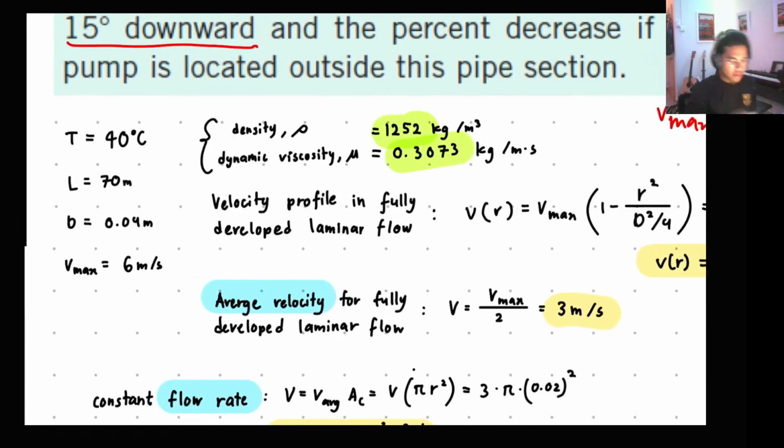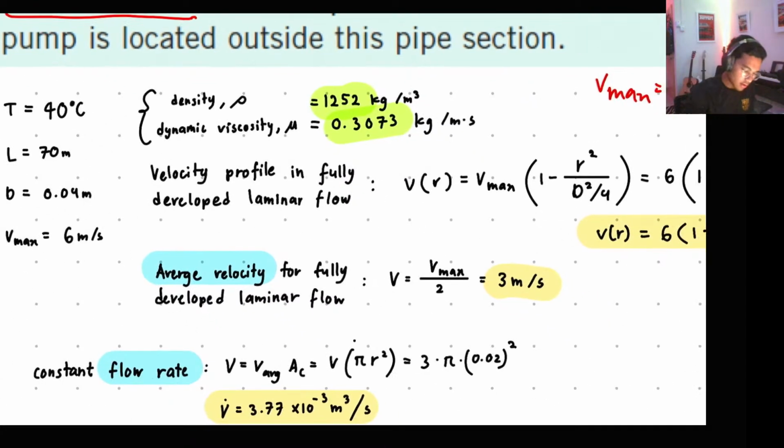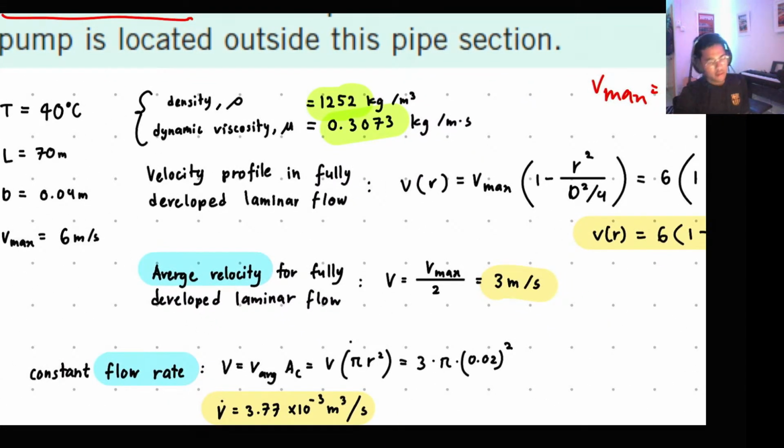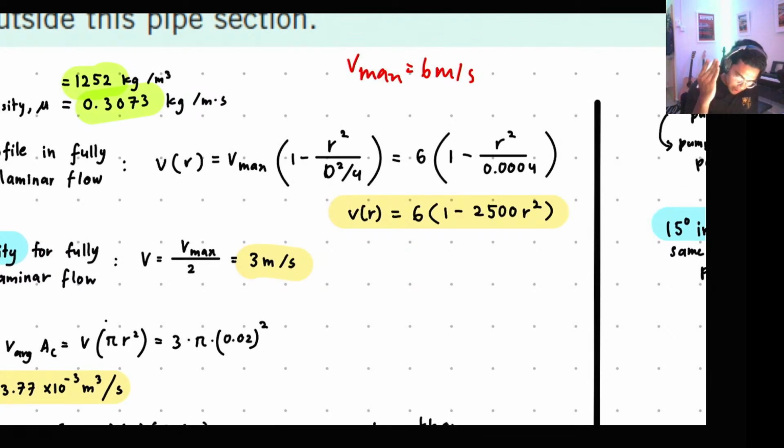Okay, so now we have the density and also the viscosity. So where do we go from there? We need to find the V average, because we need to find the Reynolds number. Remember Reynolds number? V average times diameter over viscosity.